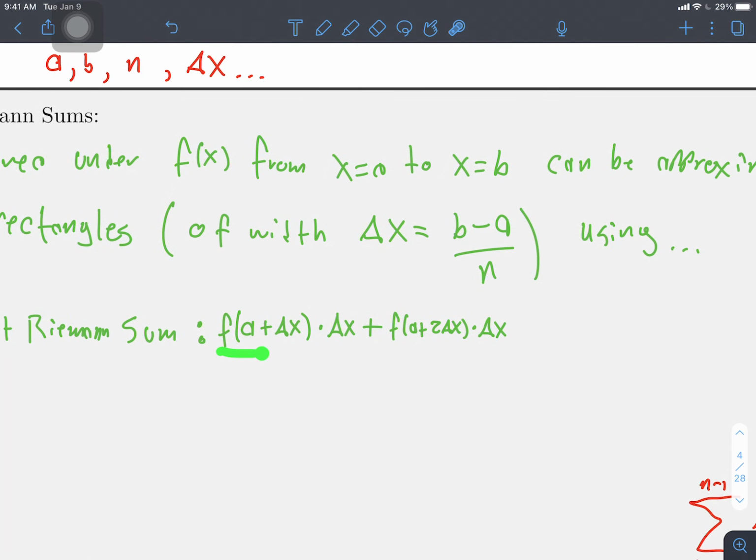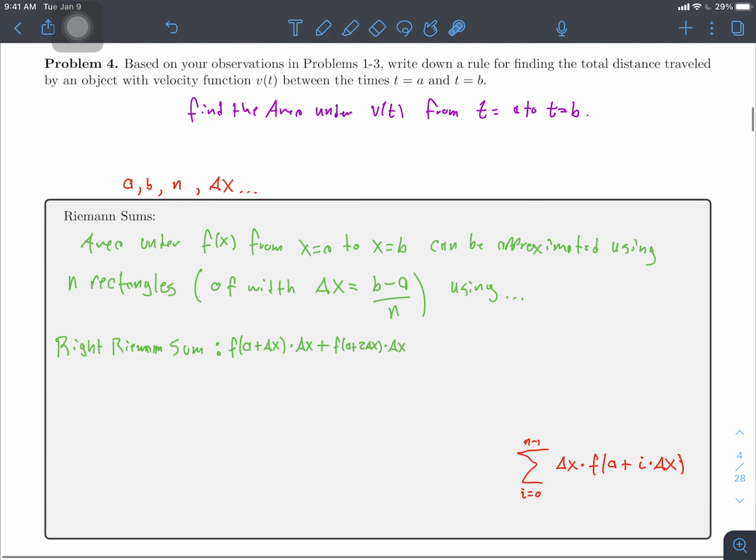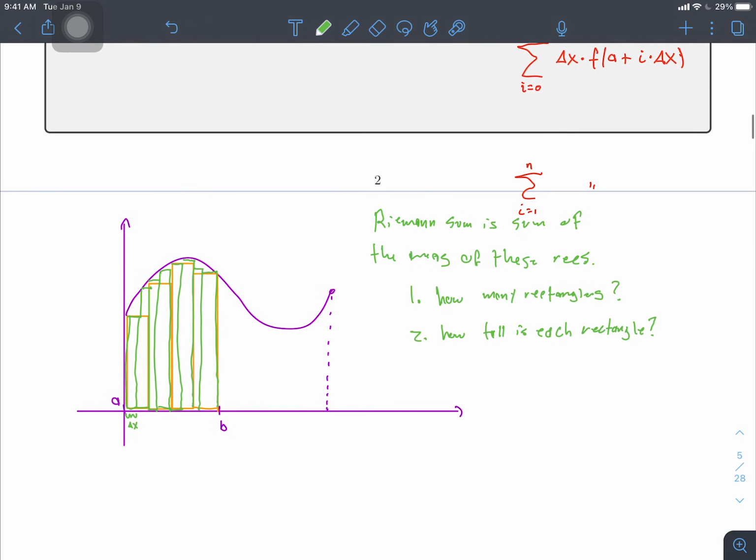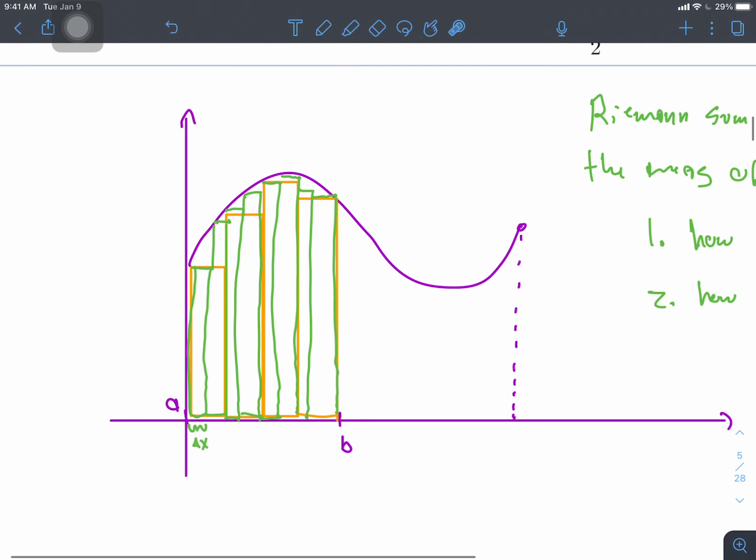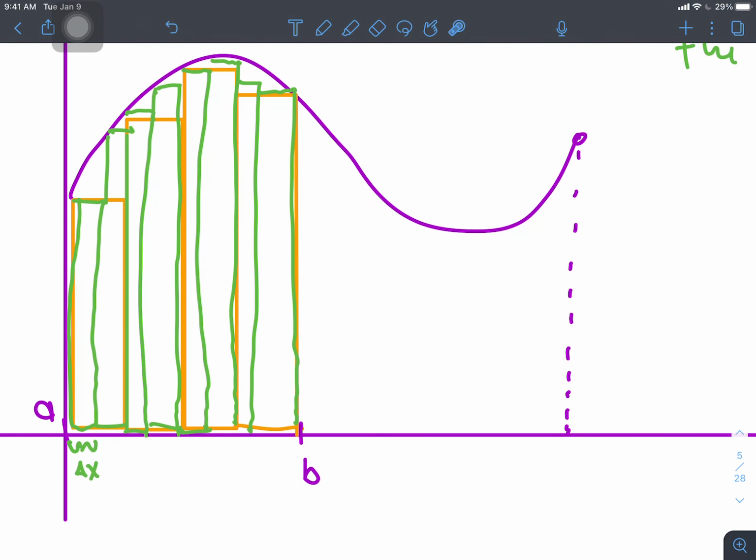So far I've added together the first two rectangles of my sum, and now I'm going to keep going on like this. I'm going to keep adding stuff, and when do I stop? Well, the very last rectangle is going to be the rectangle which goes from b minus delta x to b. That's the last subinterval.